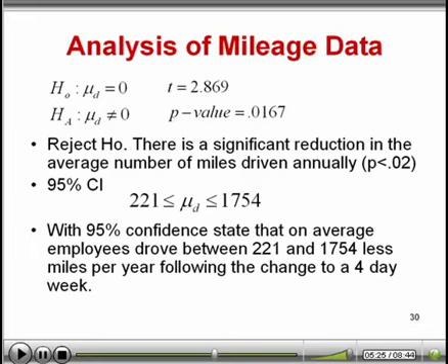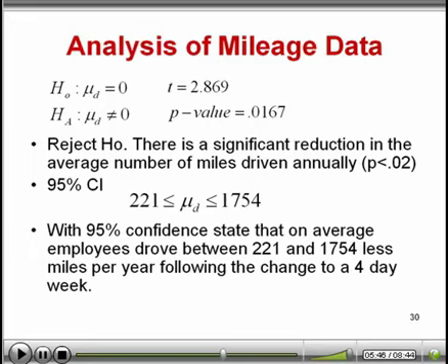Every time we reject a null hypothesis, we must mention the p-value. Here the p-value of 0.02 assures everyone reading our decision that the probability we have reached the wrong conclusion is at most 2%.